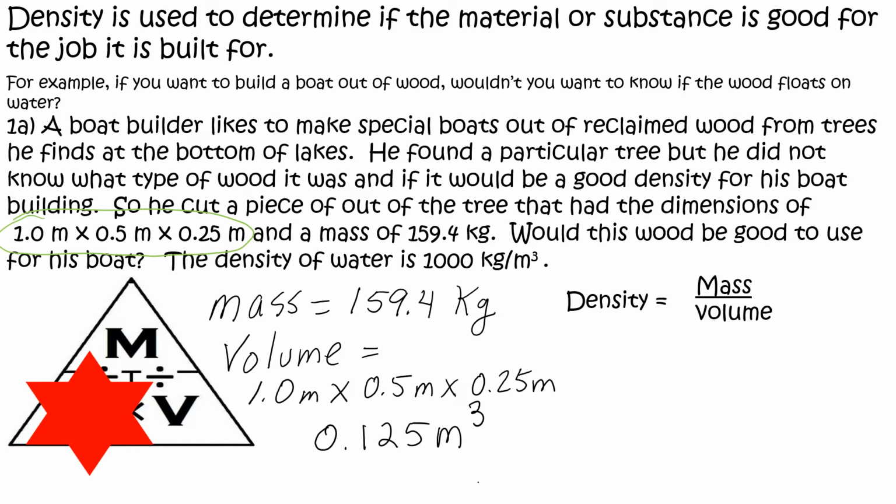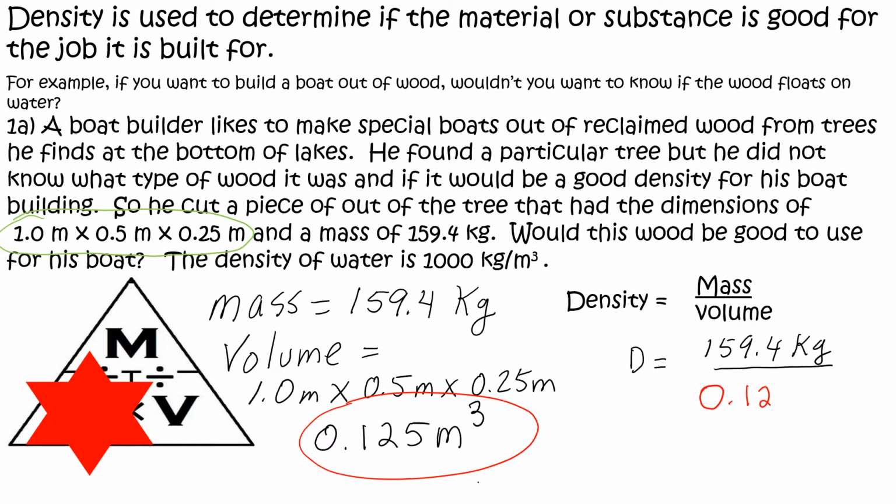All right, so I have mass, and I have my volume. And I labeled everything so I know what the numbers mean, okay? Well, mass goes on top, so I'm going to write that number first. So D equals 159.4 kilograms. See how this is all organized, and you can follow it, all right? Over, and now make sure you use the right number, 0.125 meters cubed.